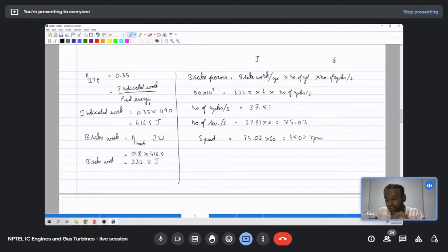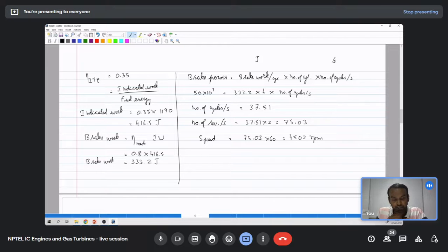Now the indicated thermal efficiency relates the indicated work to the fuel energy applied to the engine at every cycle. So the indicated work is 0.35 into 1190, that is 416.5 joules. And brake work is obtained using the mechanical efficiency and the indicated work, which is 333.2 joules.